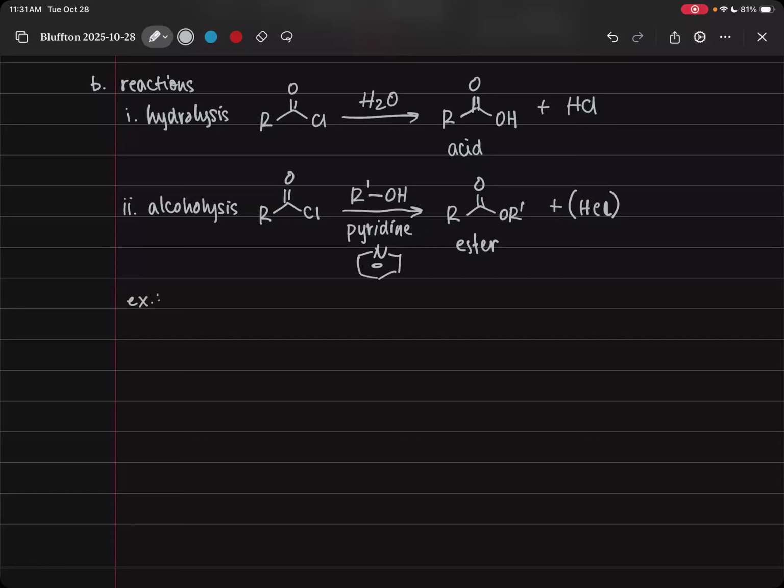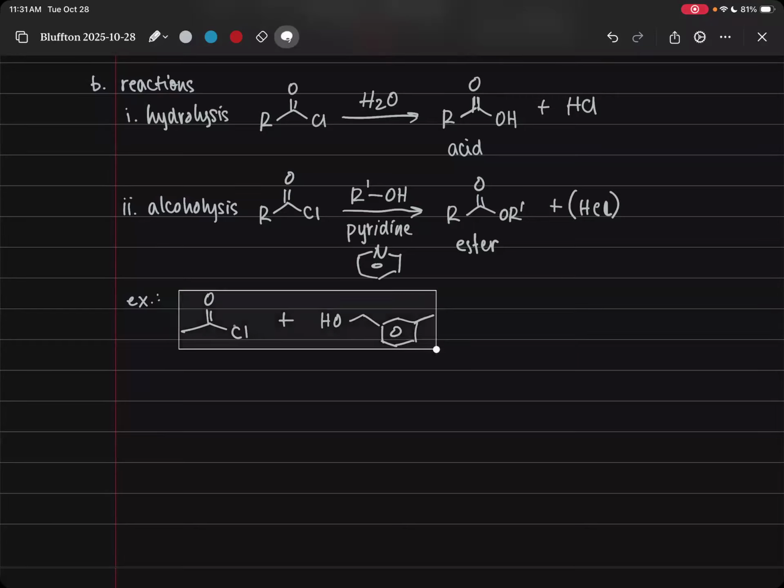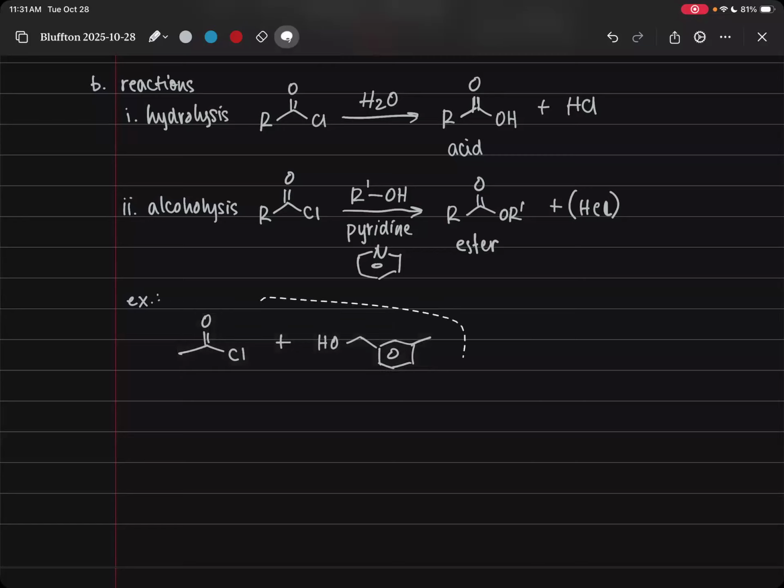Okay, so as an example, if we take this acid chloride, that's acetyl chloride, and we treat it with this alcohol, and have some pyridine in there as well.